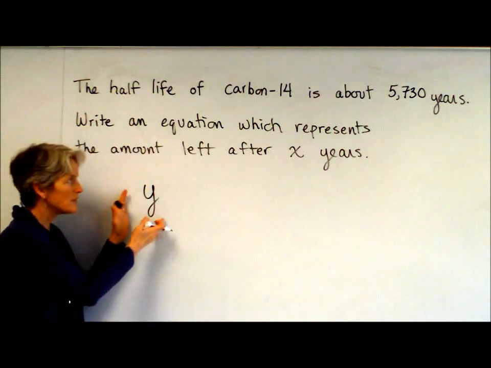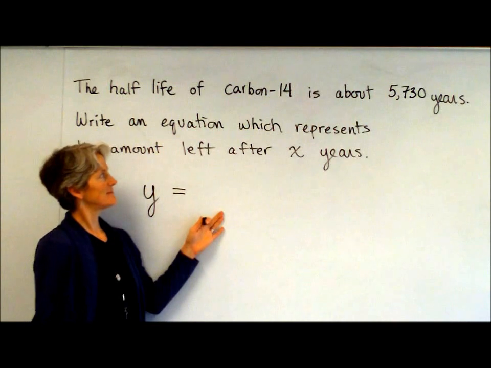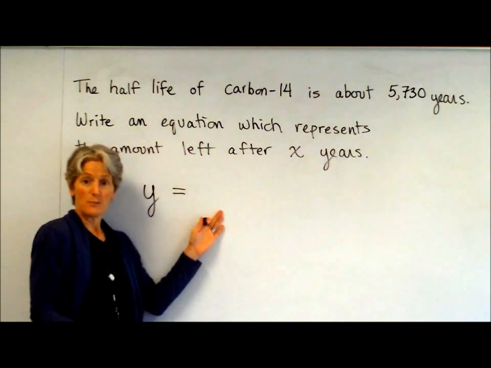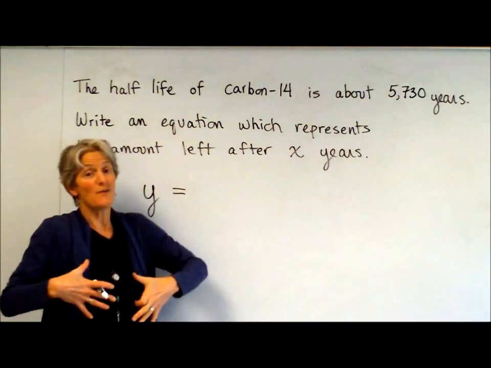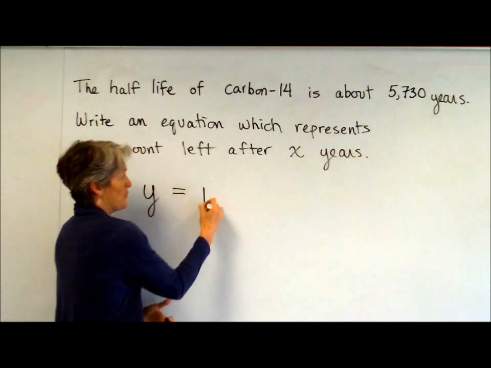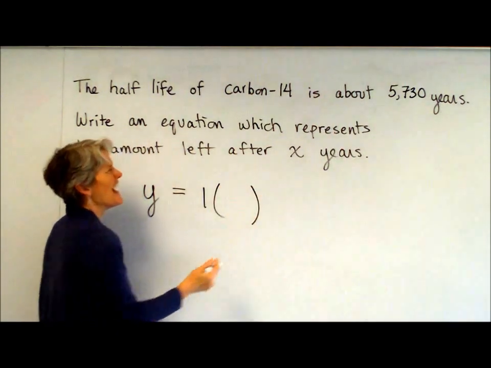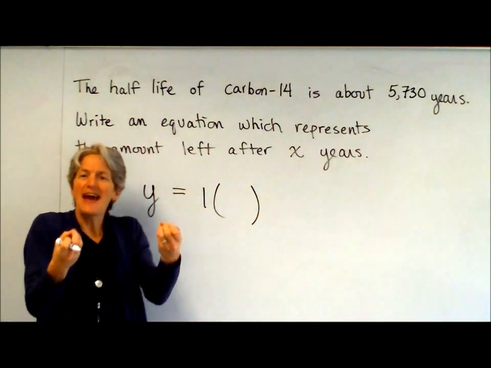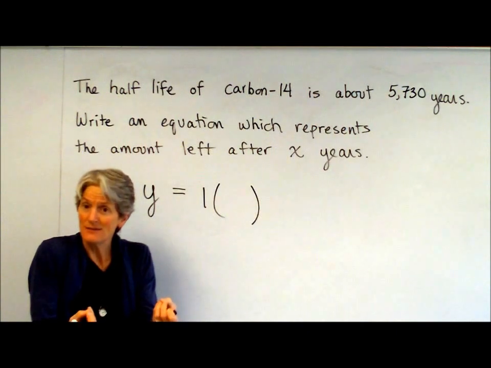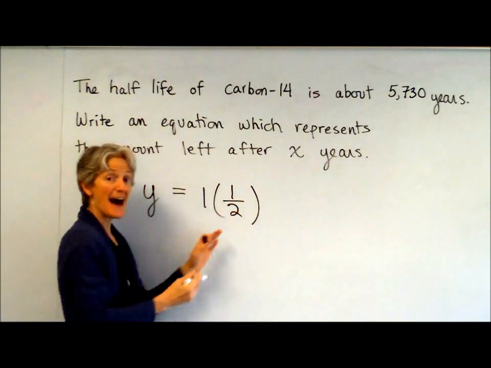So the amount of carbon-14 left would be, well, they didn't tell me what I started with, but when you're alive, I guess you can say you have 100% of your carbon-14. So can I just say 1 representing 100%? Okay, half-life, well that means that it's halving, right? So I'm multiplying that by a half.